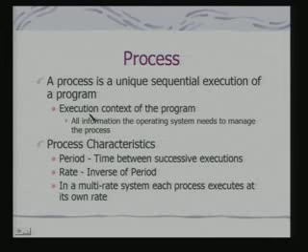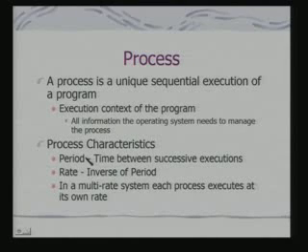So each process therefore has an execution context. This execution context is the collection of all information the operating system needs to manage the process. And what are the different process characteristics? One would be the period, that is the time between successive executions, because we said that there can be periodic processes.